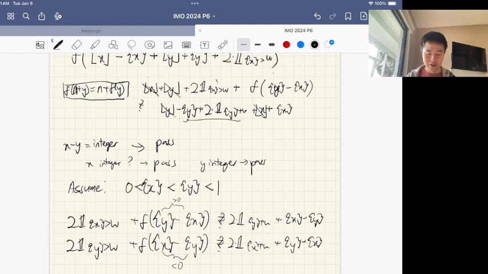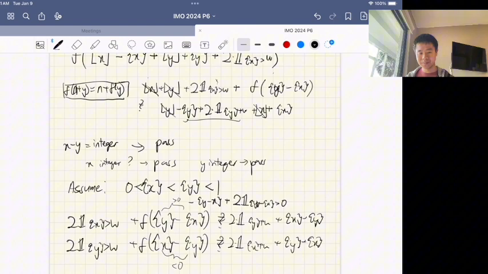It turns out that this is just minus the fractional part of y minus x, plus 2 times whether this one is greater than 0.